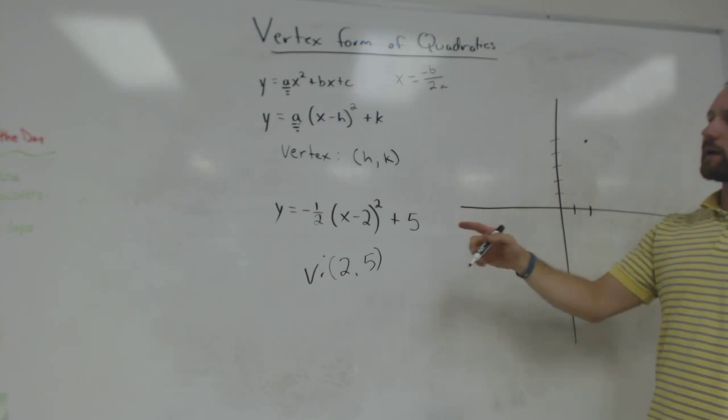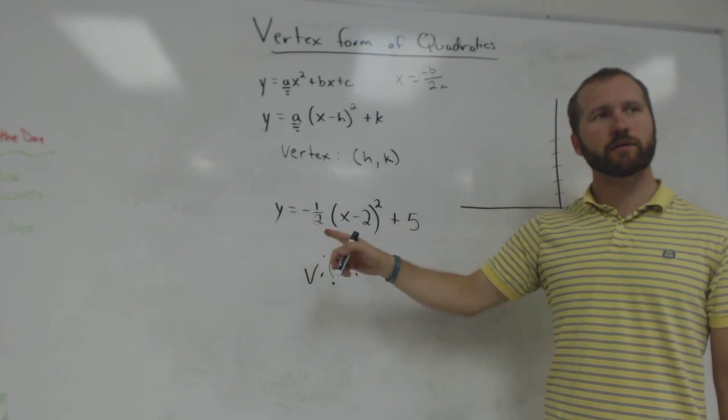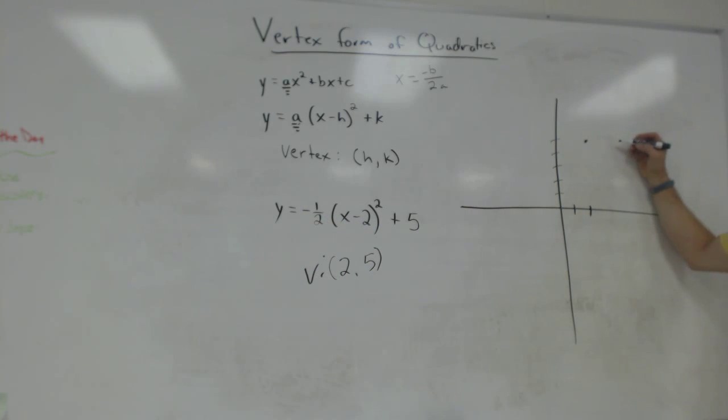And then I look at a and I say, okay, a is negative 1/2. So if I go over 1, I'm going to go down 1/2. Somewhere like that. And then if I go over 2, I'm going to go down 2, right? Half of 4. 1, 2, so I said 2 and then I counted all the way to 3.